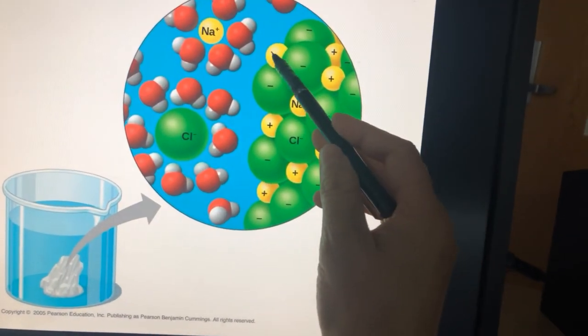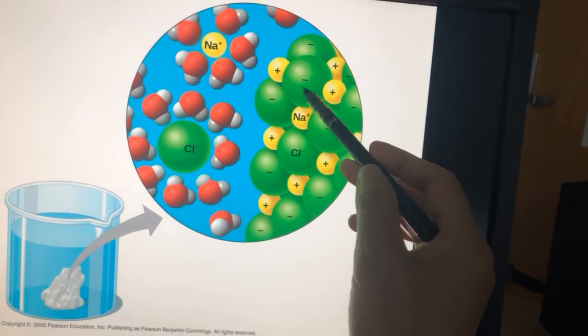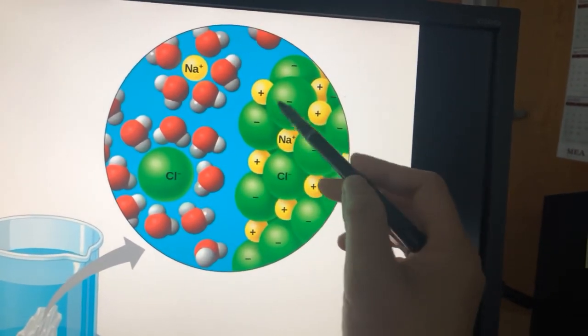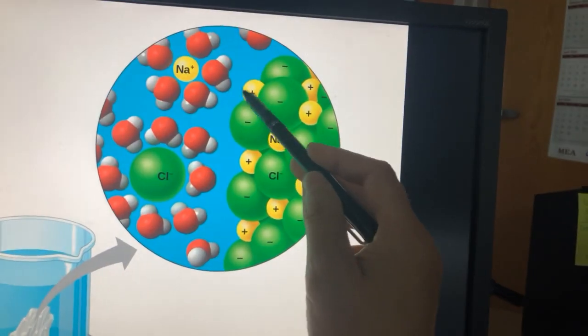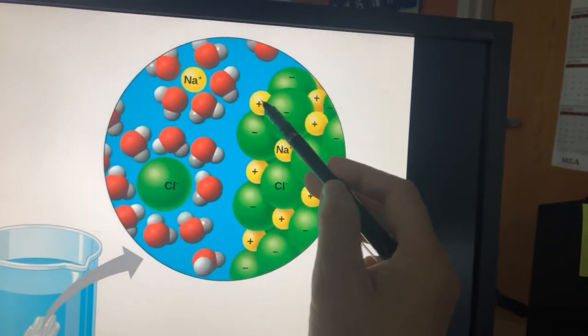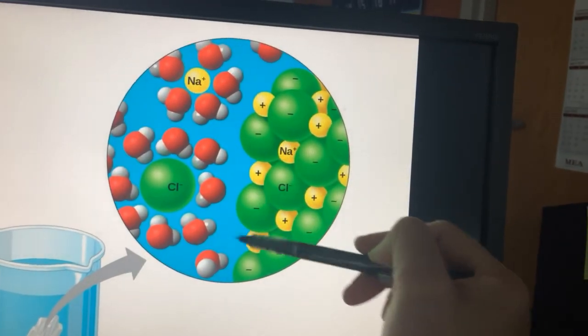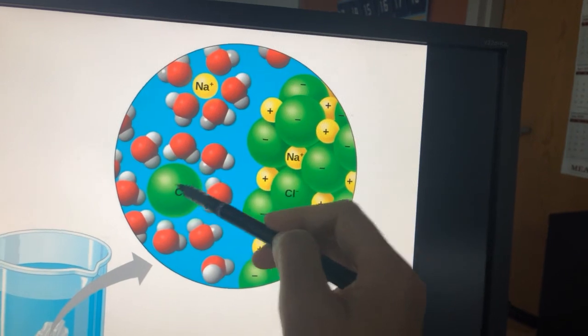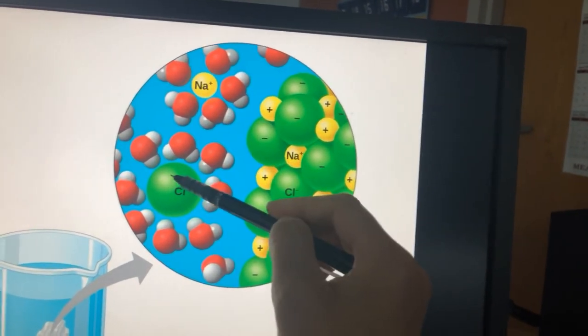So you can see here the positives would be the sodium and the Cl is the chlorine. And the water molecules are going to come over here and surround the different charged particles and kind of break them away from the larger crystal. And so you can see that this has happened already to one sodium and one chlorine.